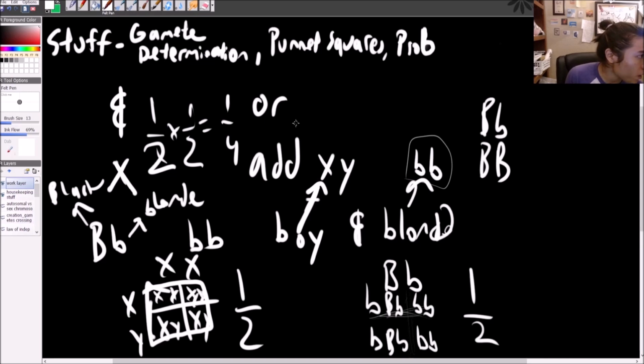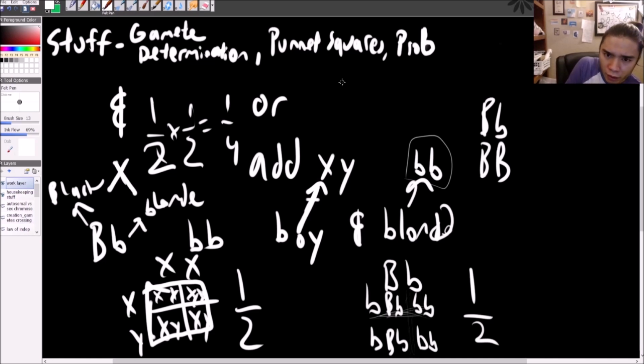Now, let's say that you had an "or" question. What is the probability of getting a boy or a girl that is blonde? Now we add them together. We find the probability of each and then we add. It's the same thing because it's 1/2.